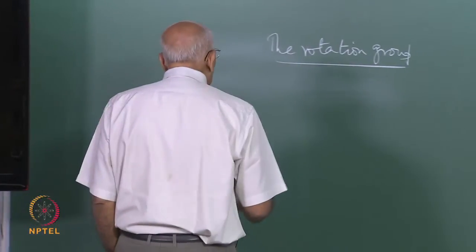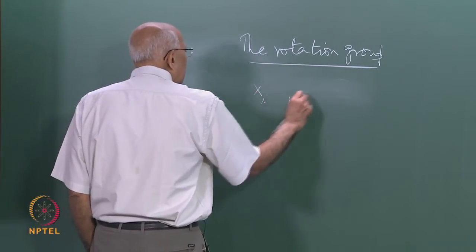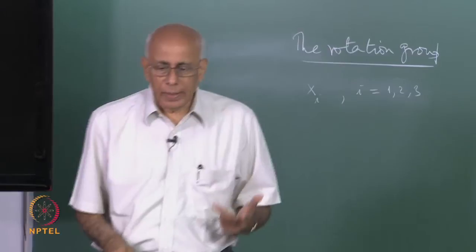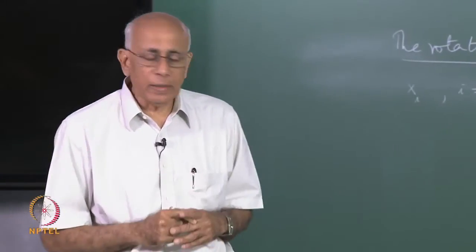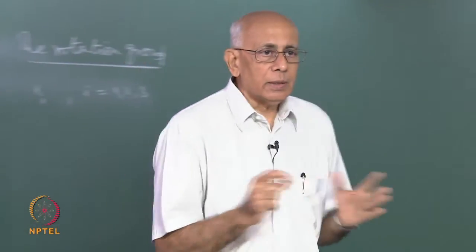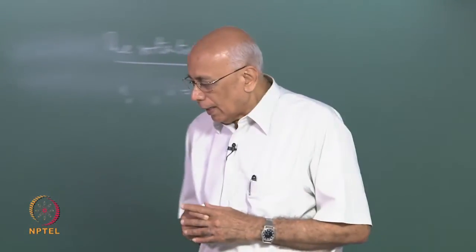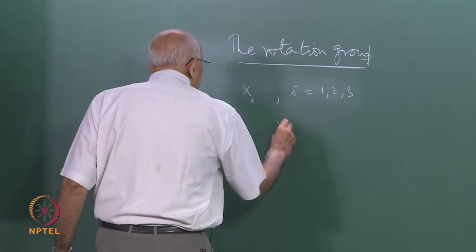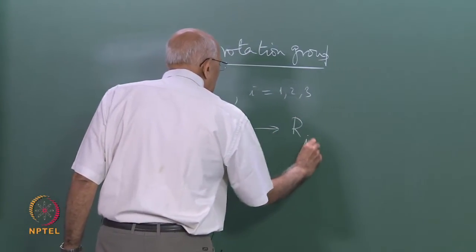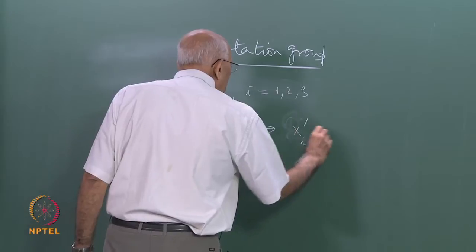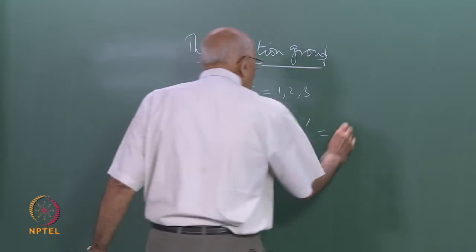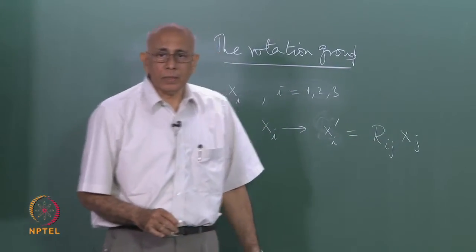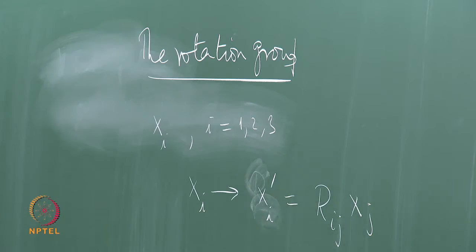One frequently talks about coordinates x_i, i equal to 1, 2, 3, and one knows that under a rotation of the coordinate axes about the origin, keeping the origin fixed, distances between points do not change at all, and that this rotation is a linear transformation in the sense that x_i goes to some x_i prime in the new coordinate system, which is a linear combination of the coordinates in the old coordinate system, and it is a homogeneous transformation because the origin does not change.